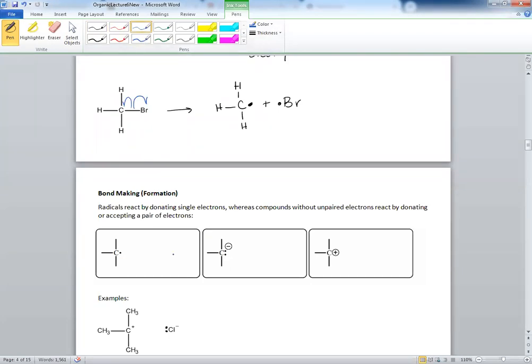So imagine I have HBr right here, and I'm going to put the electrons on HBr. We're going to do it so you can see exactly. The way this reaction is going to proceed is this way. Carbon is interested in forming a bond with hydrogen.